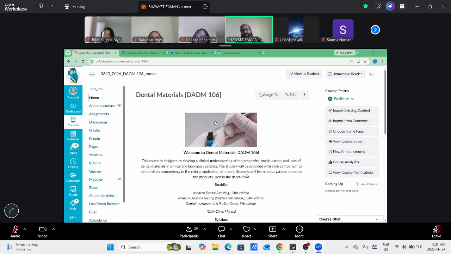So our next module will be the instruments. Materials and instruments are back to back. Your next module is operative dentistry, where you will learn about the dental materials, how to transfer them to the dental surgeons, as well as what dental instruments we use to mix the materials. That's why these two modules are back to back.